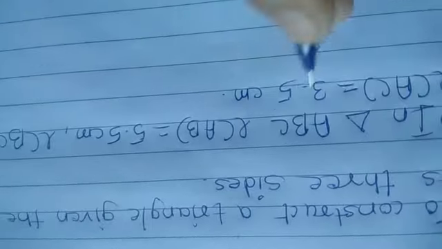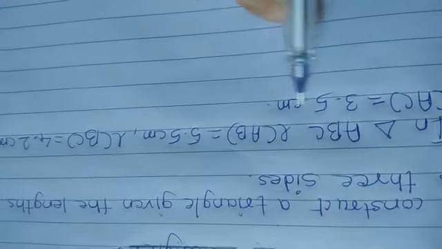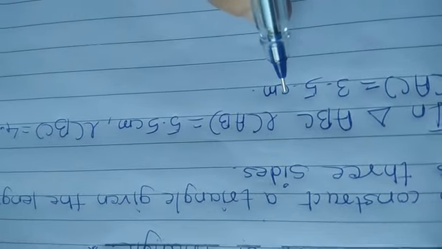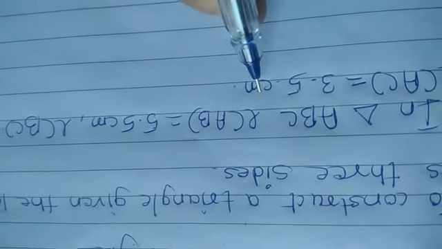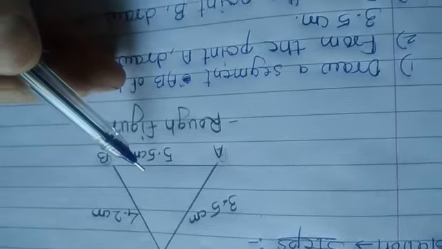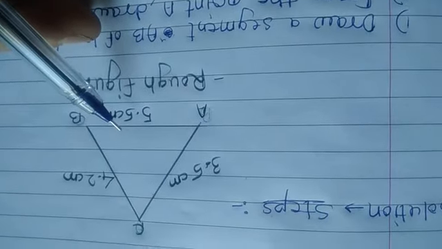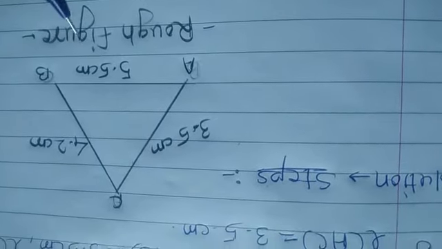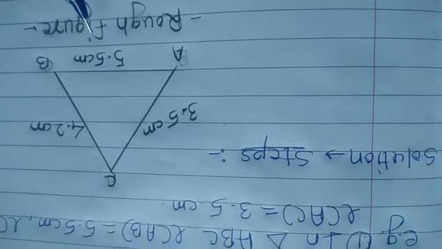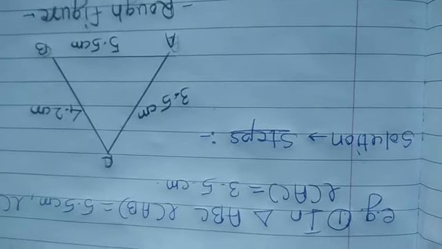So from this given condition, the lengths of 3 sides are given. From this we have to construct a triangle. For this construction, we will see the first example of practice set number 1.